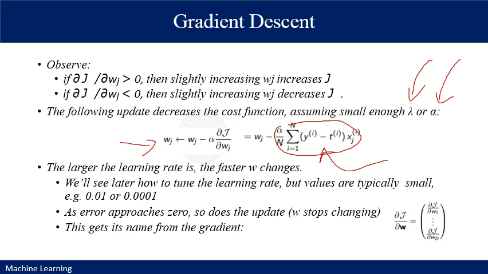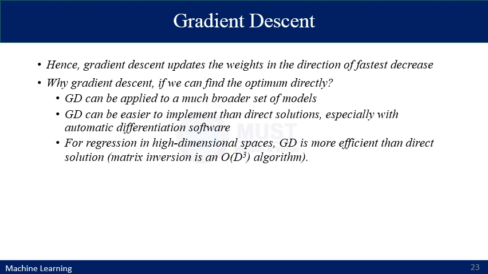So we will later see how to tune the learning rate, but the values are typically very small, for example ranging between 0.01 and 0.0001. So as the error approaches 0, so does the update, and W stops changing. So this behavior gets its name from the gradient. Therefore, gradient descent updates the weights in the direction of fastest decrease.